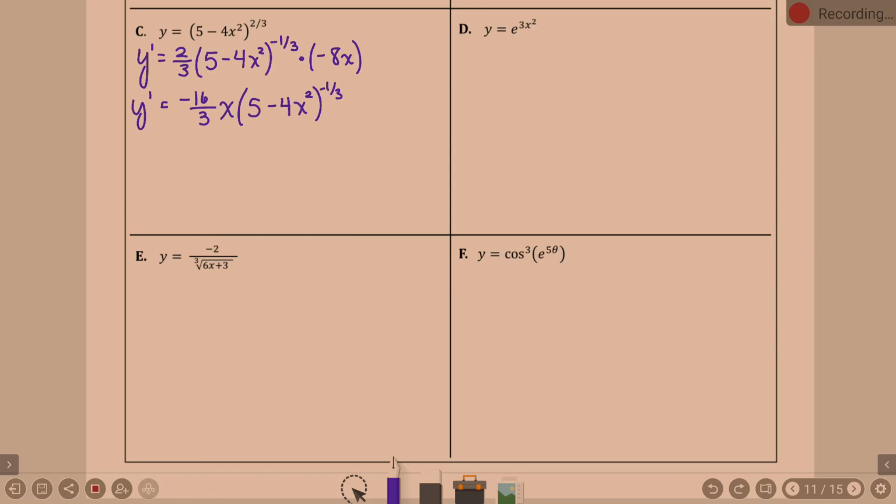Or at least, I don't know if you guys put this step in or not, but that's what I did. So then y prime would equal negative 16x over 3 parentheses 5 minus 4x squared quantity 1/3, or the cube root of 5 minus 4x squared.